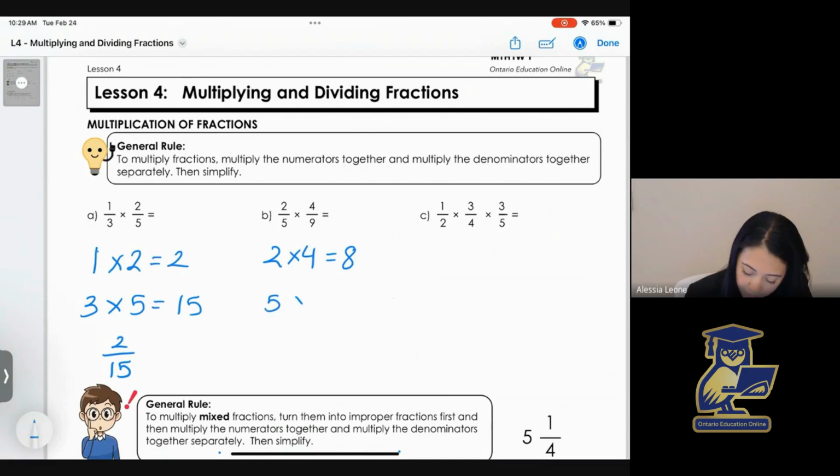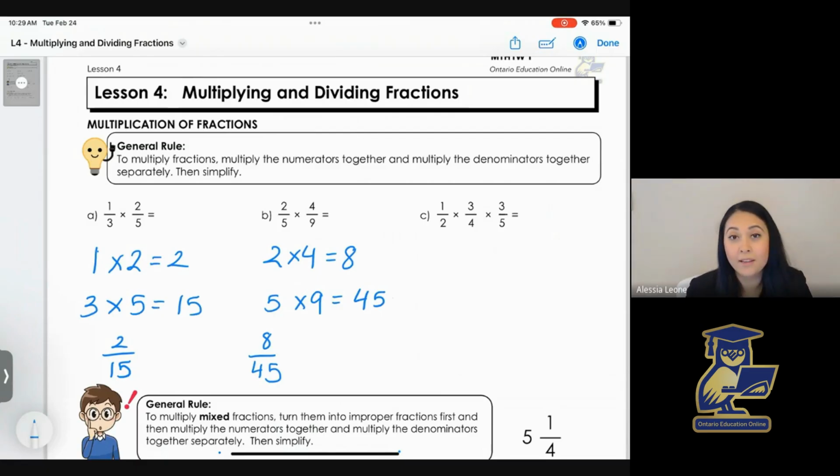And then we'll multiply 5 times 9, and that will give us 45. That will give us 8 over 45. Can we simplify that? The answer is no. So we leave it.